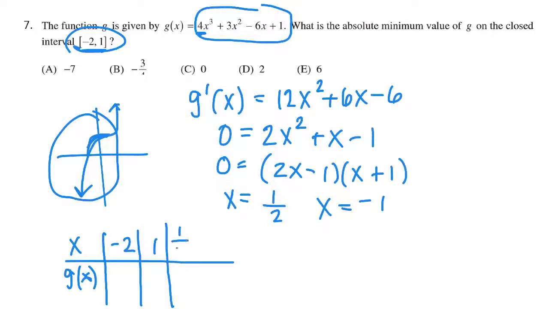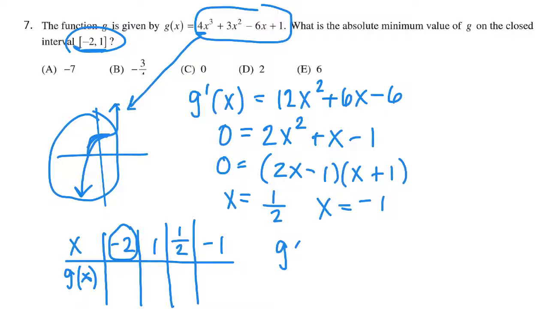So 1/2 and -1. Now again, from reasoning here, if this function is looking something like this, then the further left we are, really that's going to be the smallest value, because I'm pretty sure this is a nice cubic function here. So I would pick this value right here and plug in.